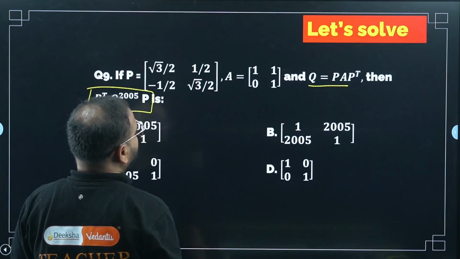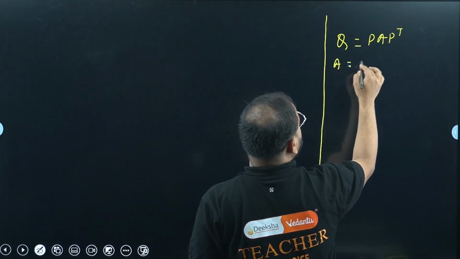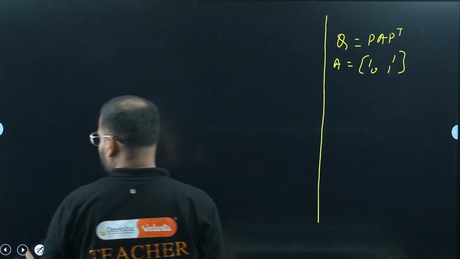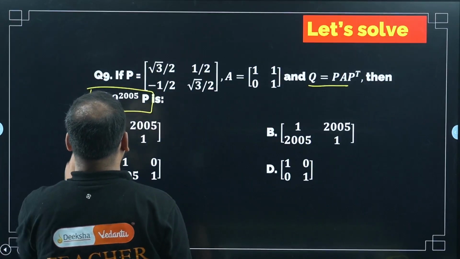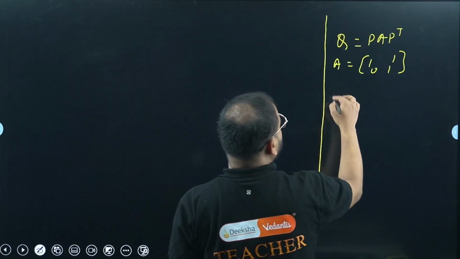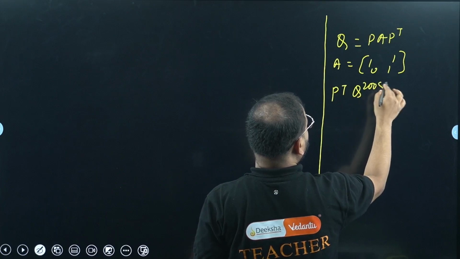Second thing, A is 1101. They are looking to find P transpose Q to the power 2005 times P.